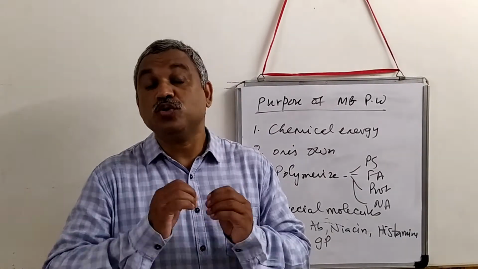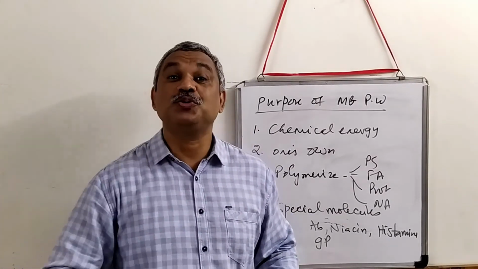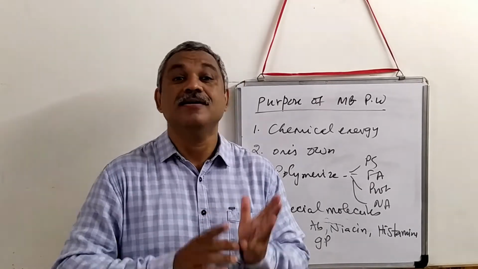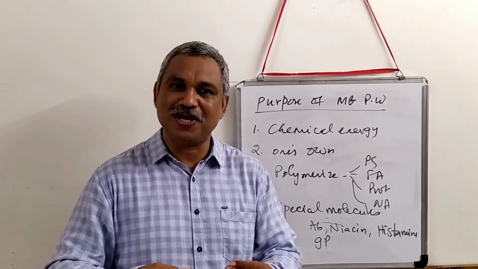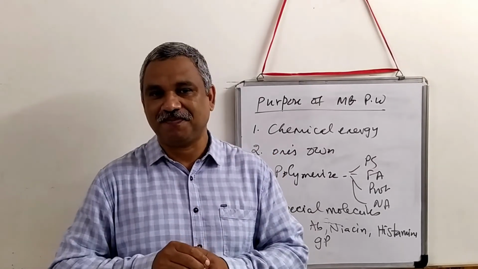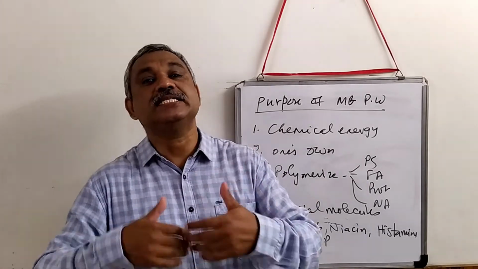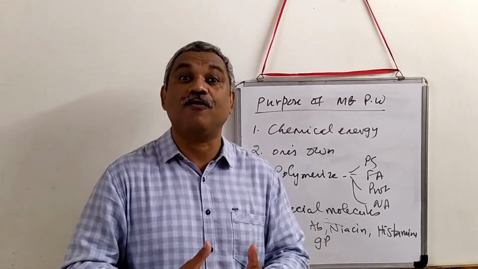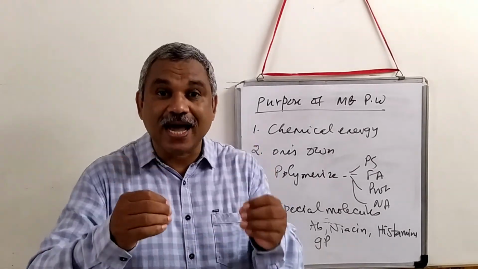There are two themes that will keep percolating as we go through the entire metabolism. Number one is how to extract energy from biomolecules. Energy comes in two forms: one as ATP molecules, another as the reducing equivalent NADPH. Remember, in NADPH there is a hydrogen.